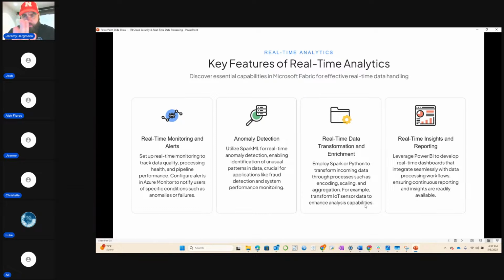I forgot if it's in this one or not, but I originally saw a Power BI demo years ago where they were doing the streaming IoT data and you could visualize it in Power BI in real time. Being able to take that data, transform it into almost like metadata information, and then see that in real time is pretty cool. And then having the real-time insights and reporting in Power BI.